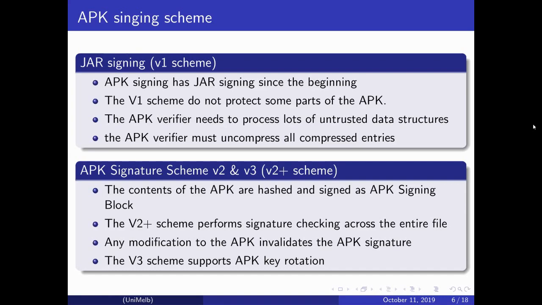The author hashes and signs the whole content of the APK with his private key and creates an APK signing block in the APK file. When the application is installed, the platform will decrypt the signature and compare it with the hash of the file.